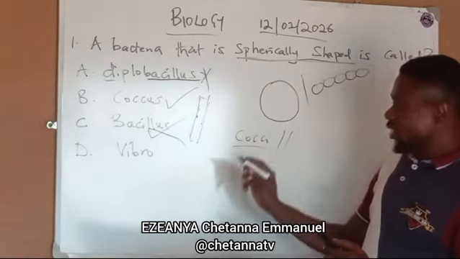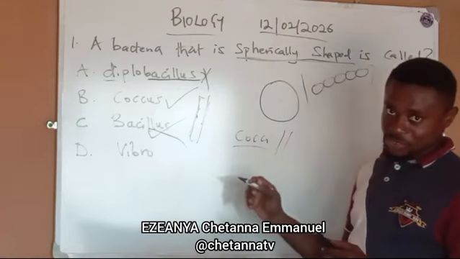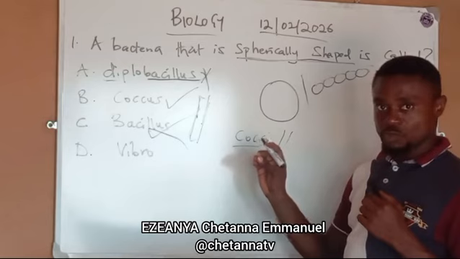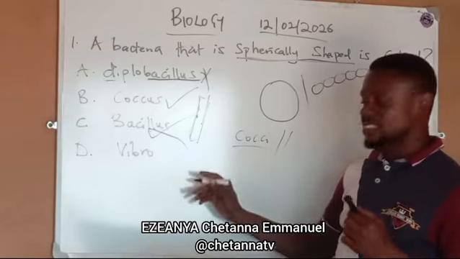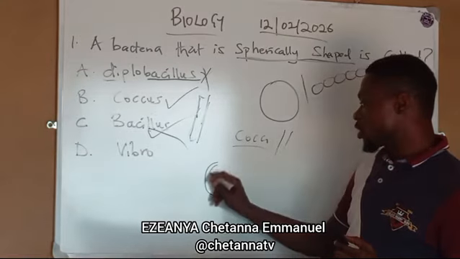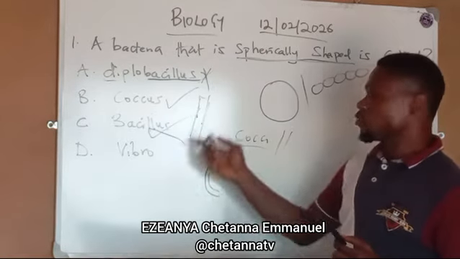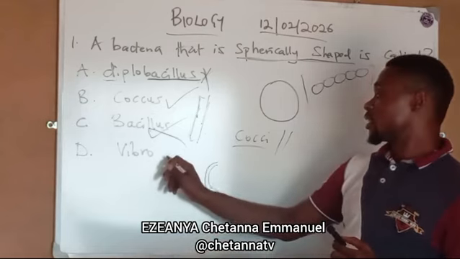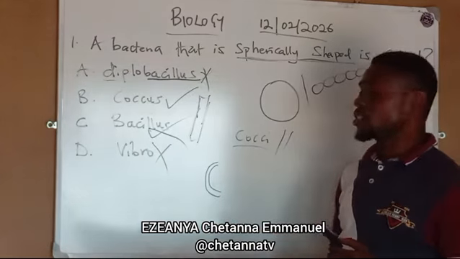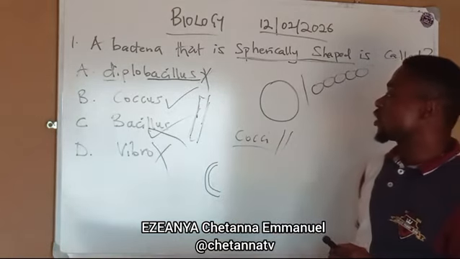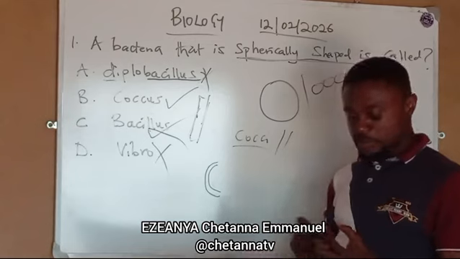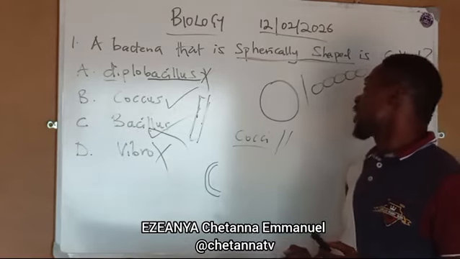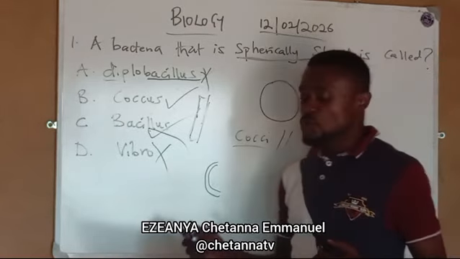Vibrio also has a rod shape, but one thing with vibrio is that it is curved. Whether curved or not, it is not coccus, so it's not spherical and not the answer. So the answer to this question is option B, coccus. The bacteria that is spherical in shape is called coccus.